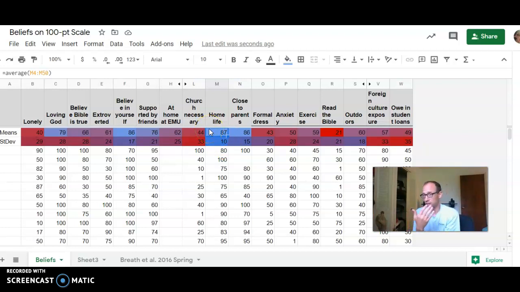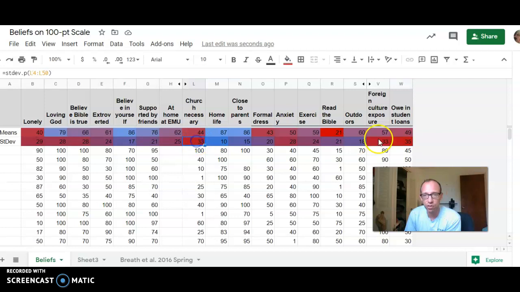And to be honest, I found this very surprising. I didn't expect this. That 10 doesn't tell us where the score is. It tells us how much the students are clustered around it. On the other hand, I can see that 33, church necessary, foreign culture exposure, and students' loans.